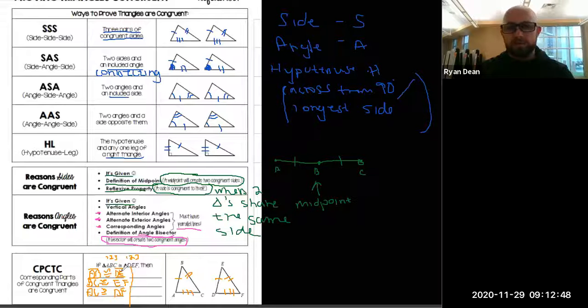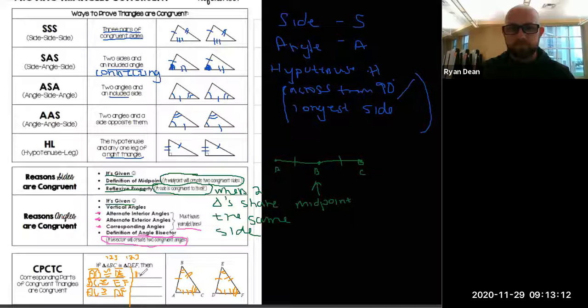When you do the angles, you're just matching angle 1, which would be A, to angle 1 on the other, which would be D, and then B would get 2, E would get 2, and then C would get 3, F would also get 3. So that one gets a little bit messy here on the picture.